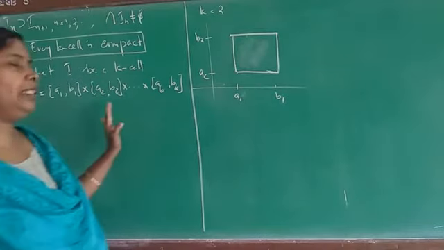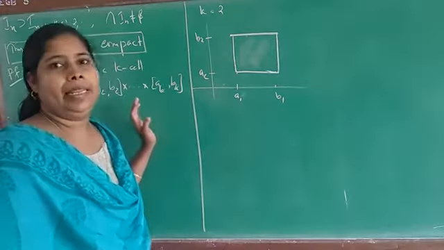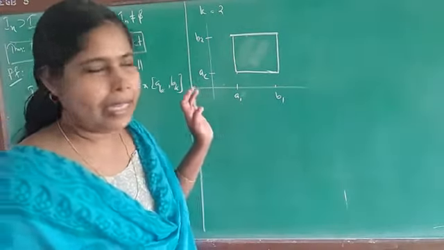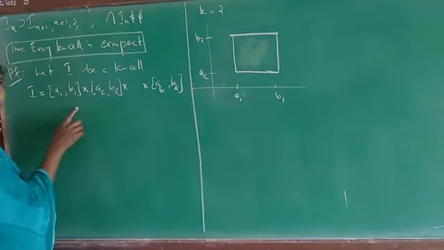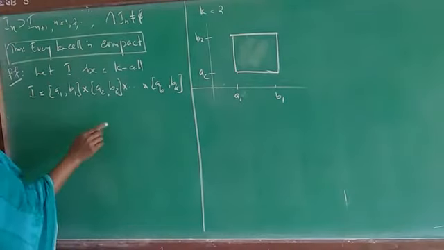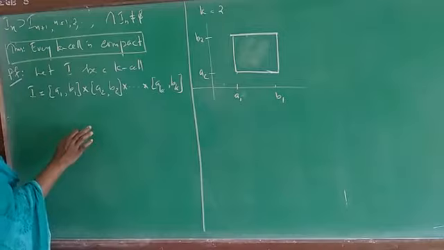How do we prove I is compact? We prove that every open cover has a finite subcover, by definition. So we choose some open cover for I and prove it must have a finite subcover.